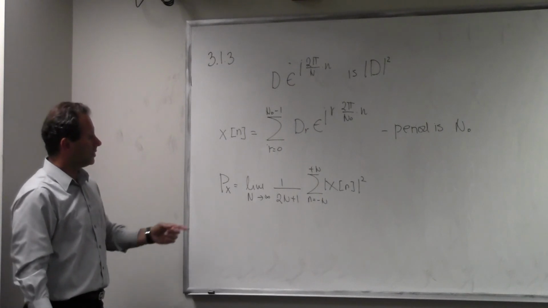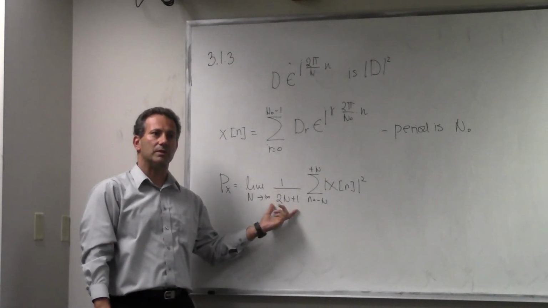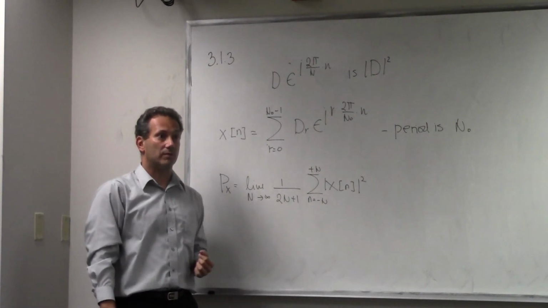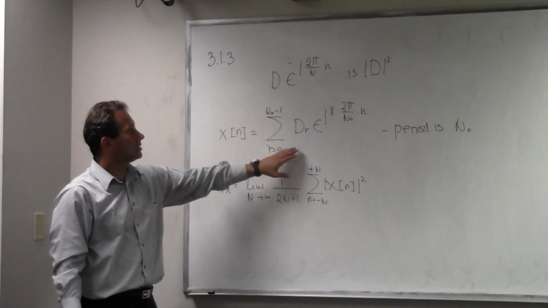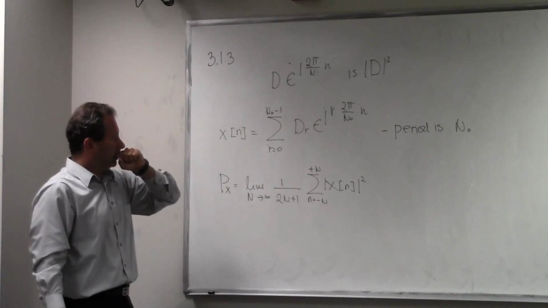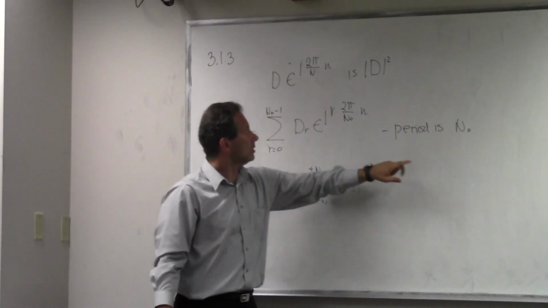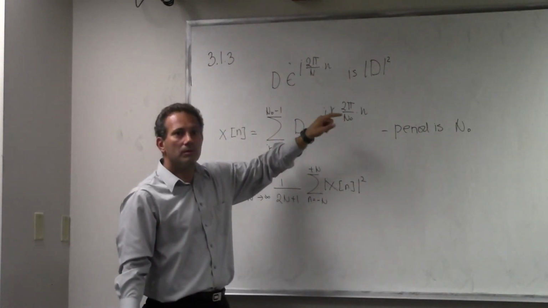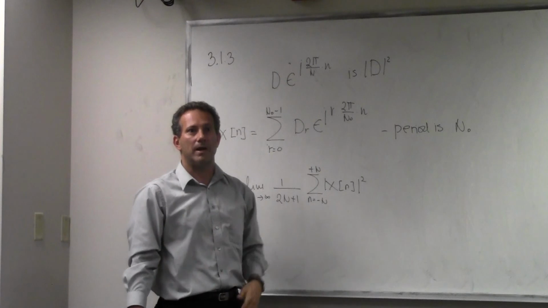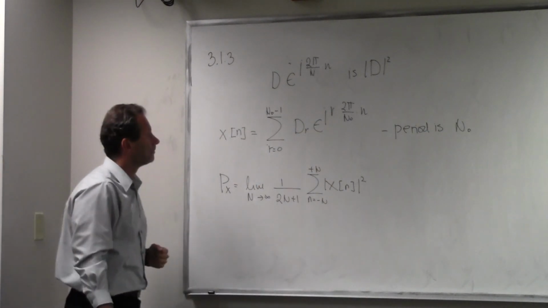Now, if the signal is periodic, just like in the continuous case, we don't have to integrate over the entire axis. We just integrate over one period. In this case, the signal is obviously periodic with period N0, because every N0 it loops around by 2 pi, and the exponential is periodic with a period of 2 pi.